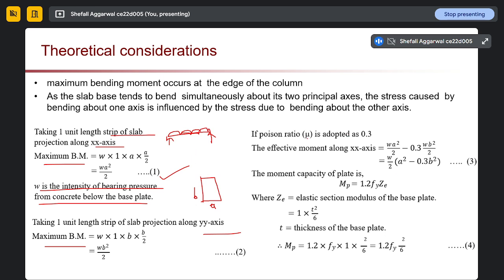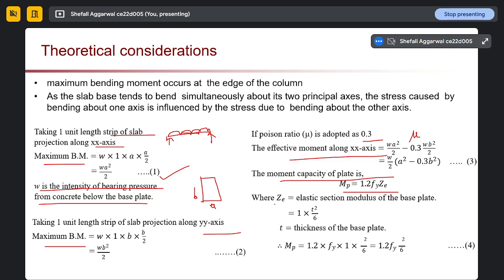Assuming Poisson's ratio as 0.3, the effective moment along the x-axis is given by WA square by 2 minus mu WB square by 2. Similarly, the moment capacity of the plate is given by Mp equal to 1.2 fy Z_d. This is the same formula we have been using in our previous design, the beam design.